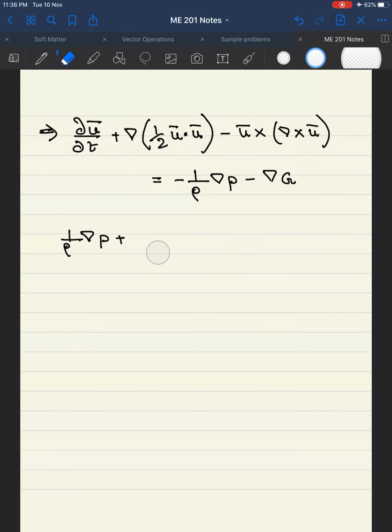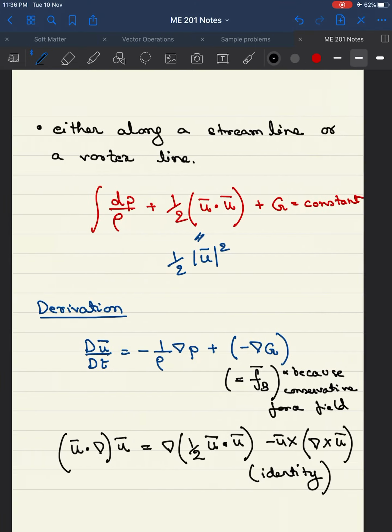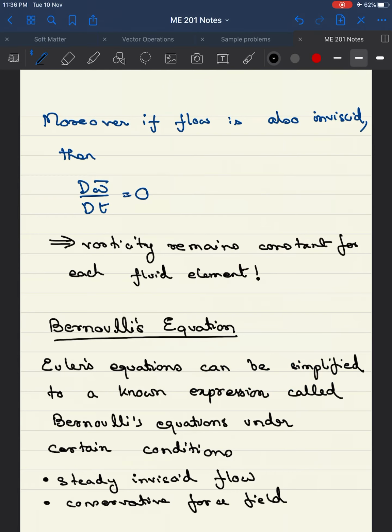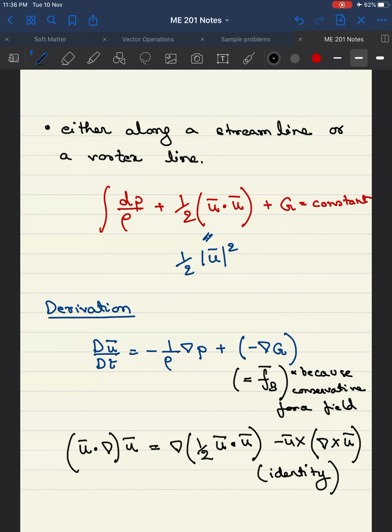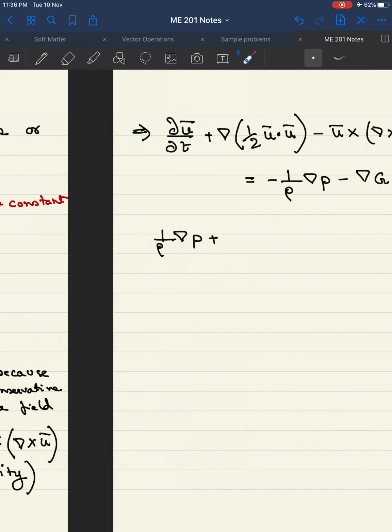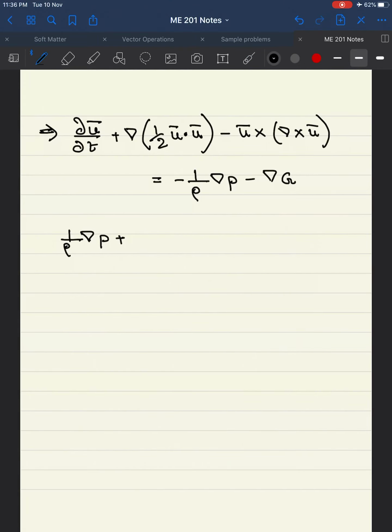Actually, I think hopefully you can see that we are slowly already coming to this kind of a form, right? So we want to get here, so that is why I brought my pressure term onto this side, and then we are already getting close.